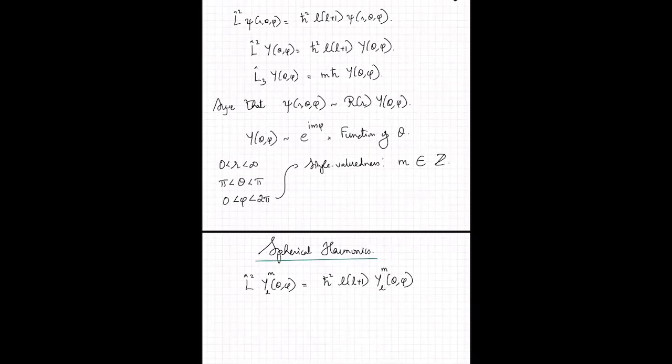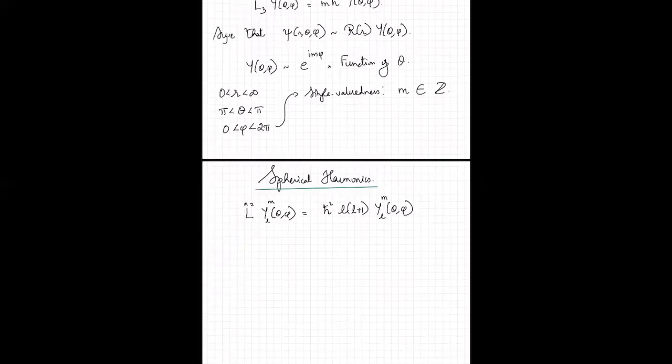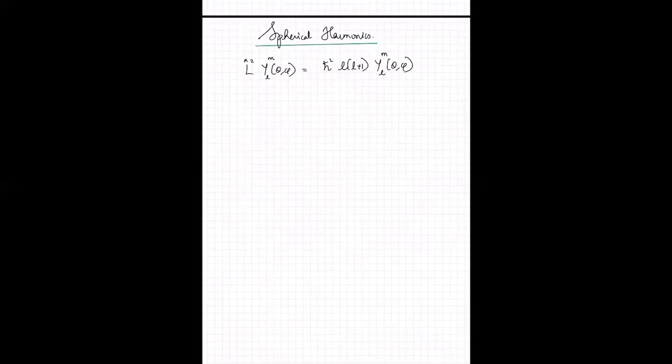So since it carries information about the eigenvalues of L square and L3, it is labeled by two indices, L and M. M is the eigenvalue of L3, but L is not the eigenvalue of L square. It is related to it. Similarly, L3 acting on Y Lm of theta comma phi equals m h bar Y Lm of theta comma phi. Okay, this is where we are.